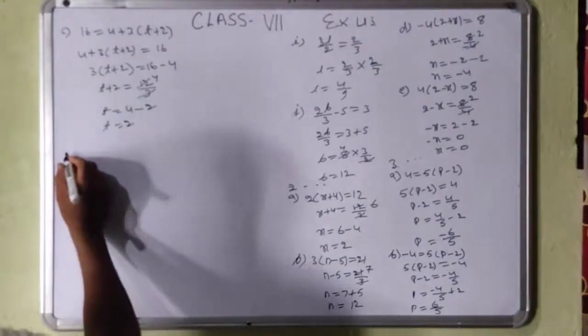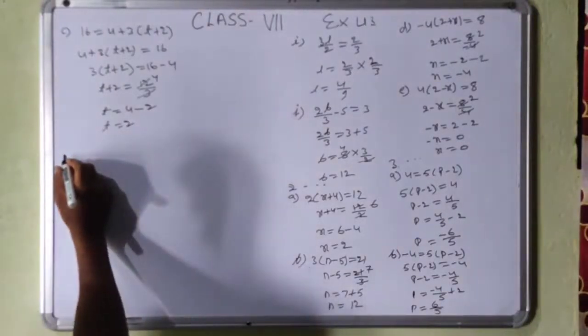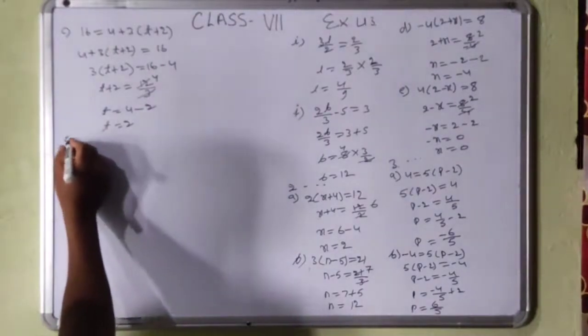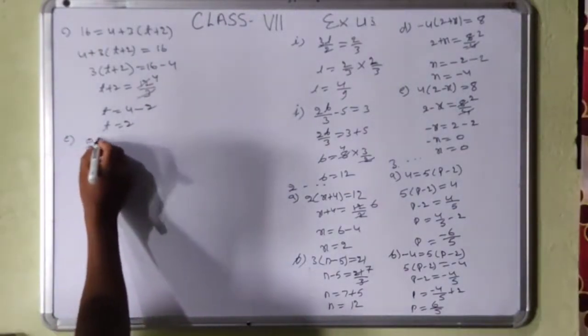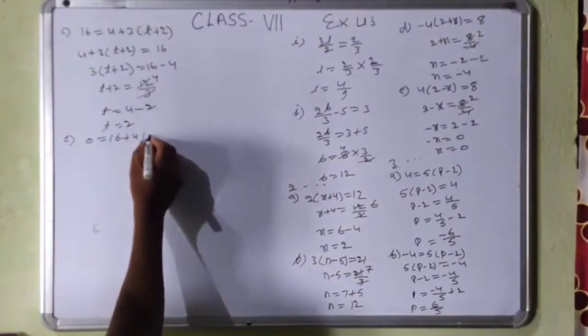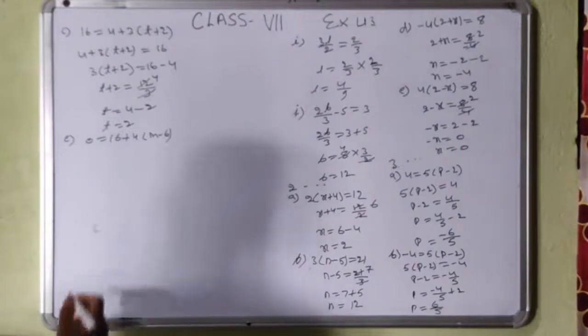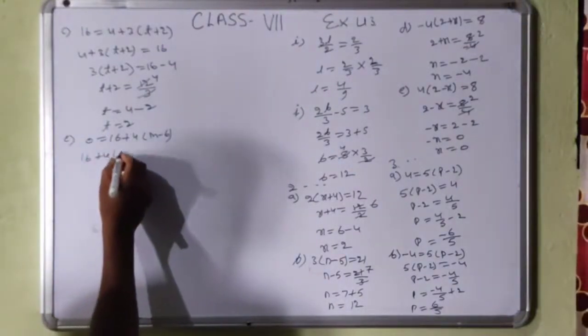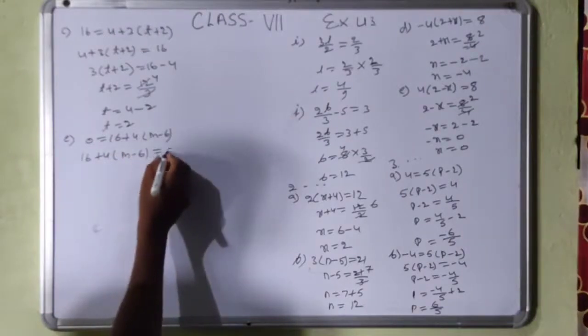C part, and then D part and C part both are the same. E part. 0 is equal to 16 plus 4 bracket m minus 6. So first of all, 16 plus 4 bracket m minus 6 is equal to 0.